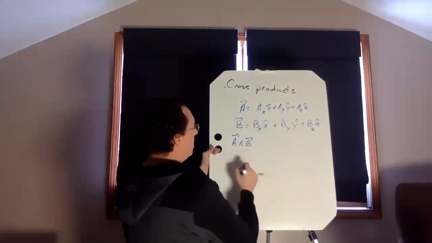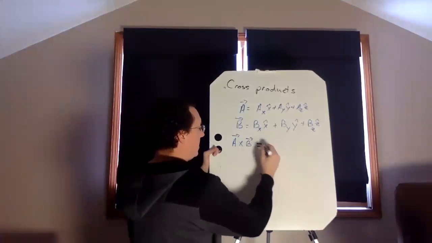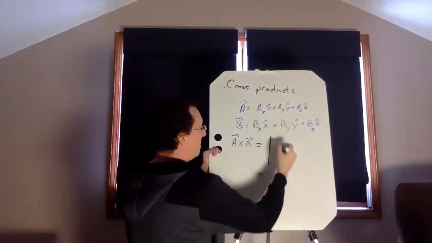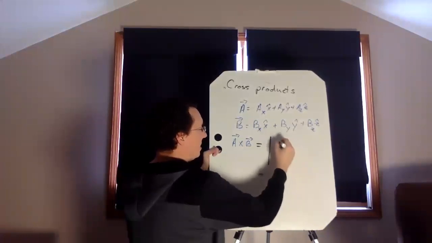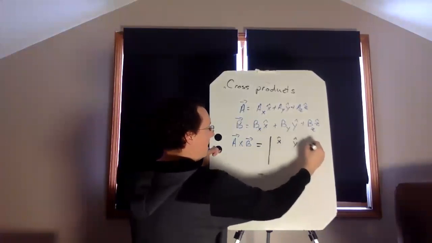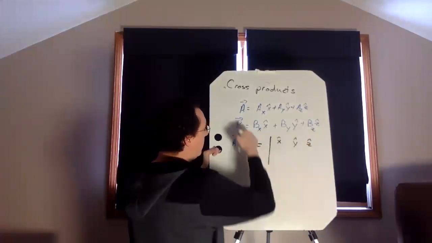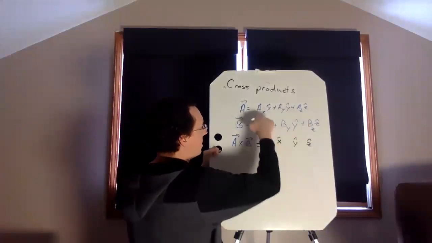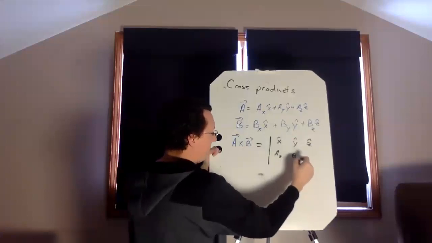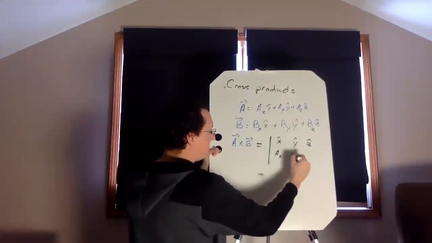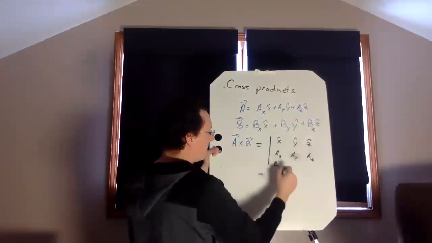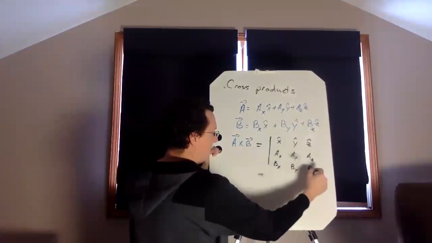Okay, so the formula is that the cross product of these two is the determinant of the following matrix. It's kind of weird. You put x hat, y hat, and z hat here, and then you put not the vector, but the components in the spots here: Ax, Ay, Az, Bx, By, Bz.